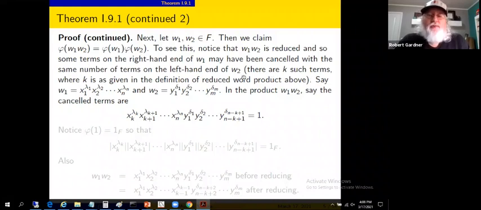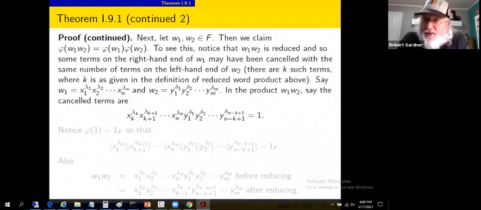Say there's k such terms, and that's how we dealt with it in the reduction comments above. We said k terms from each word disappear. The reduction removes 2k terms, k from the right-hand side of the first word and k from the left-hand side of the second word.